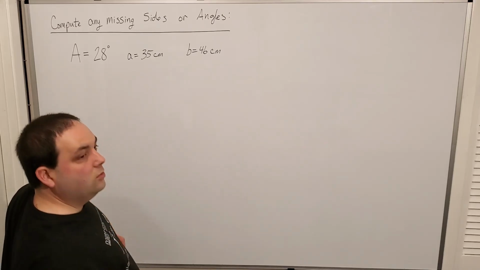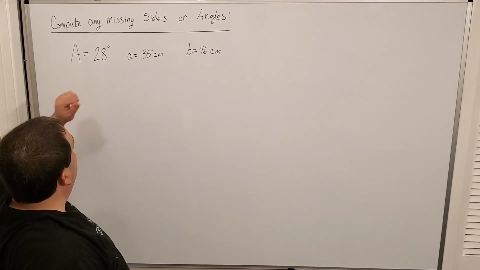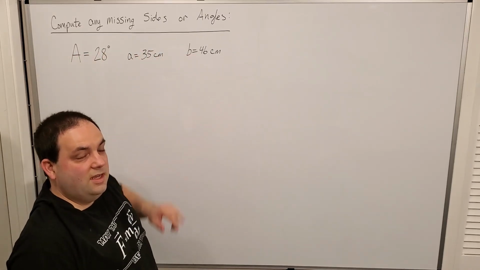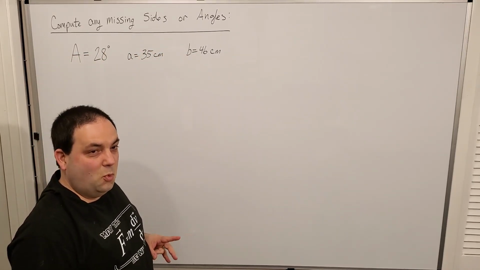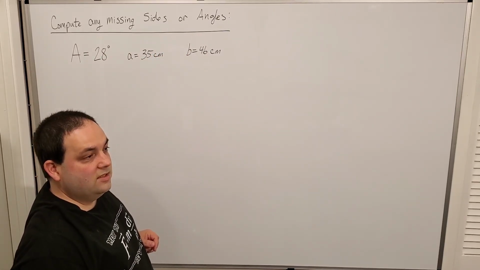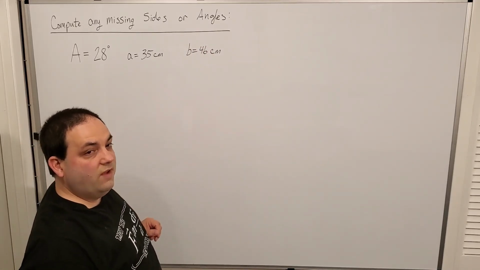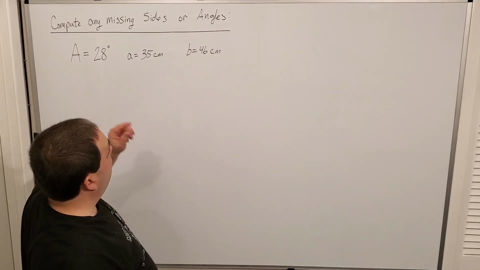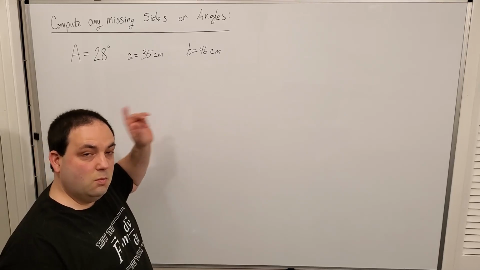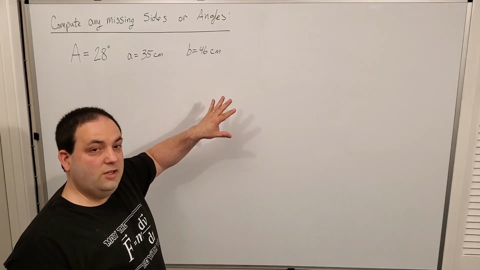Now, of course, that's not the only situation that you could have that. But this is one of the ones I nicknamed the ASS case because it is more trouble. The angle side case is the one case in law of sines where you can have multiple groups of answers. In other words, there is a possibility that there's more than one triangle that solves this situation.